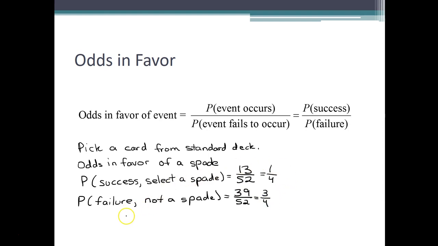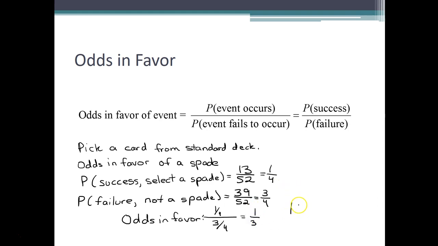Okay, so odds in favor puts the probability of success, which is 1/4, over the probability of failure, which is 3/4. And when you do this, your denominators are always the same. They're going to cancel out. If you want to go ahead and do the division, the 4s will reduce out, leaving you with 1/3.